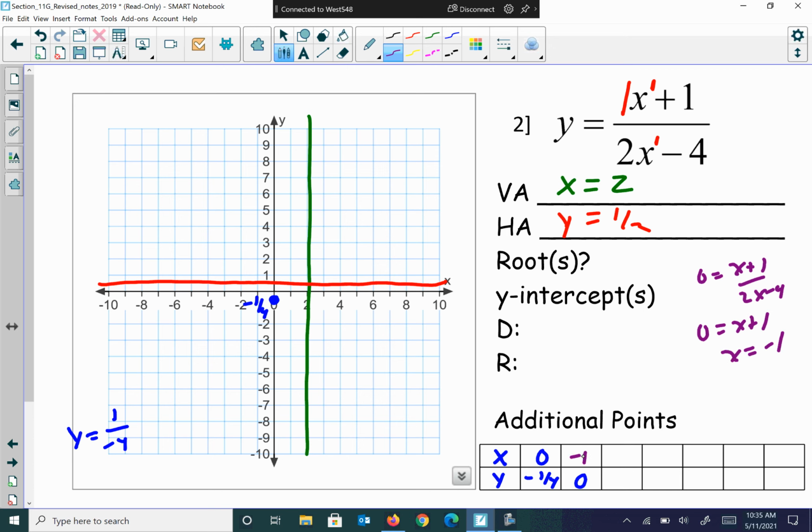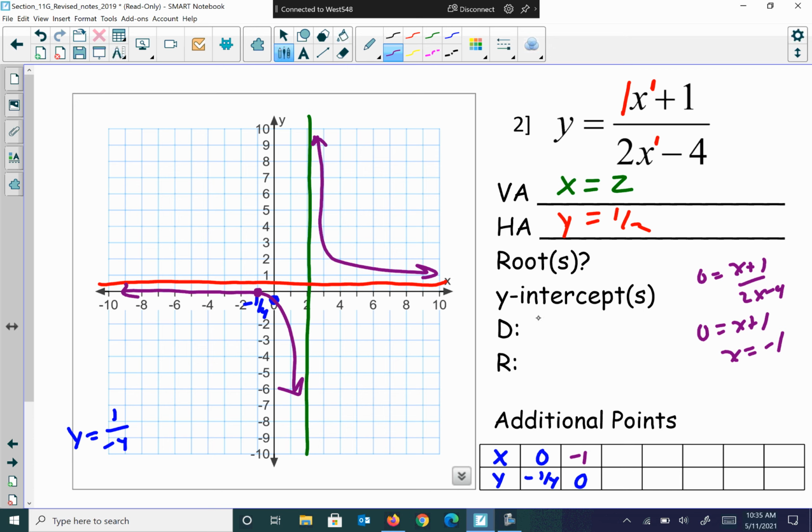So negative 1 comma 0, which is right here. So I only found points on one side, but this tells me this branch looks like this. And this branch over here kind of looks like this. You just try and make them look similar. Again, I didn't plug any points on this. I just know that it shoots up and down the asymptotes.